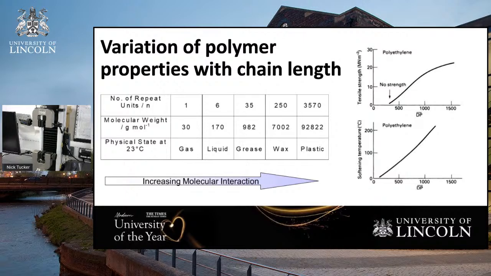By the time we've made it, it goes through a liquid, a grease, a waxy stage, and those long chains at the end. We've got a 3,500 unit long one at the end. It's definitely a plastic. You can see the molecular weight has gone up. My little graphs on the right show a change in tensile strength, the strength we need to pull it apart, that increases with chain length. And also, interestingly enough, the temperature at which it starts to liquefy goes up.